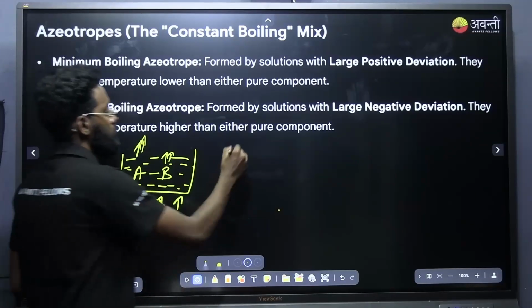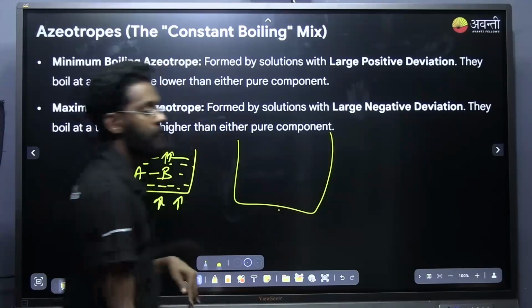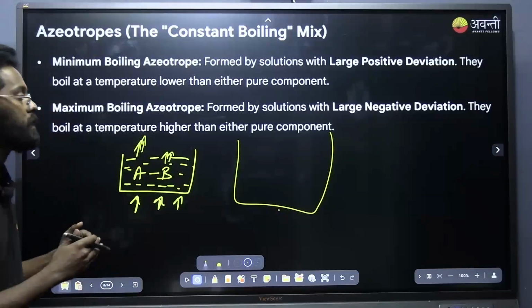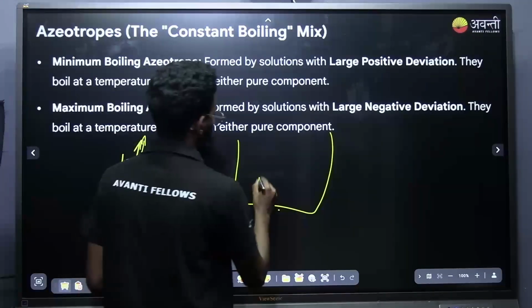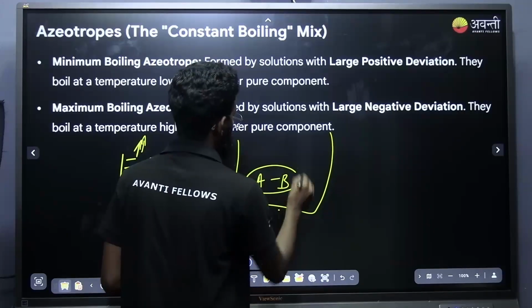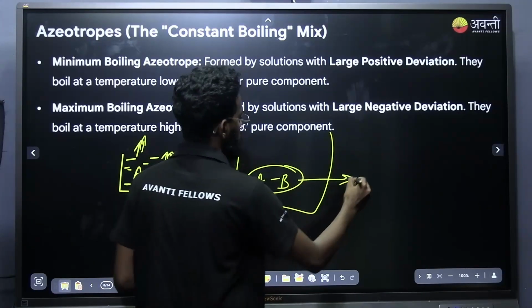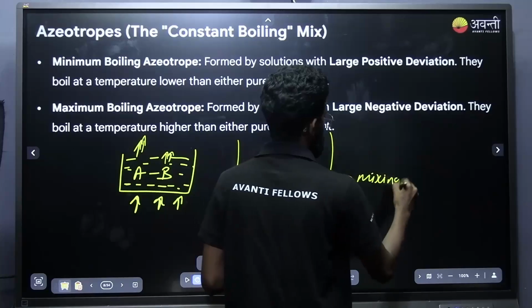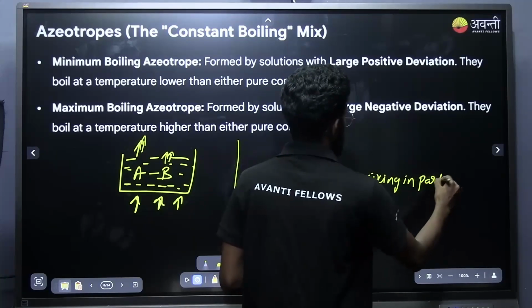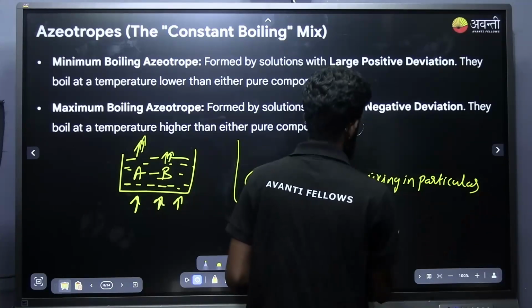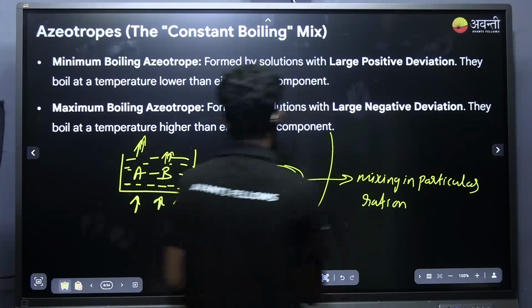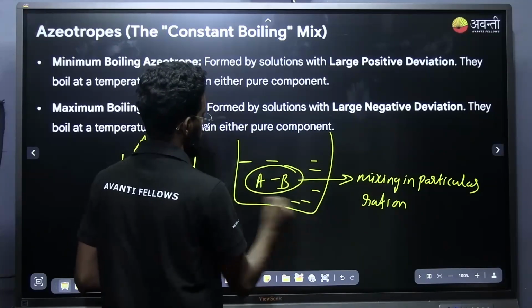But if A and B are mixed in a particular ratio, what is going to happen, my dear students?